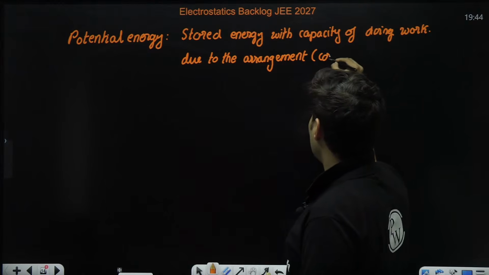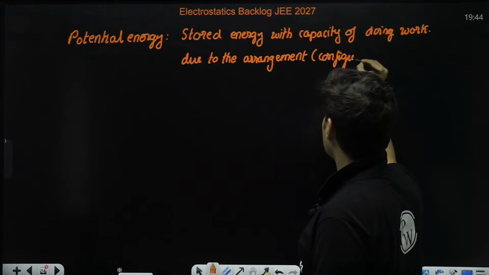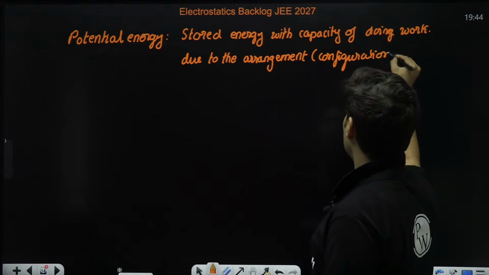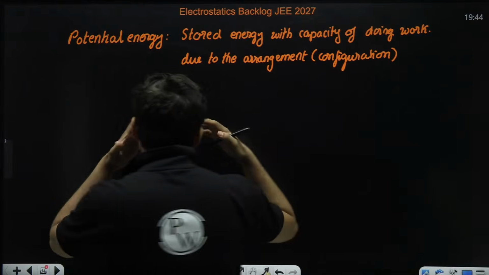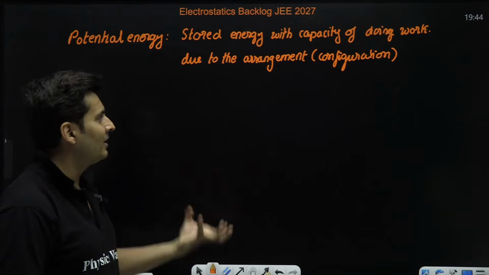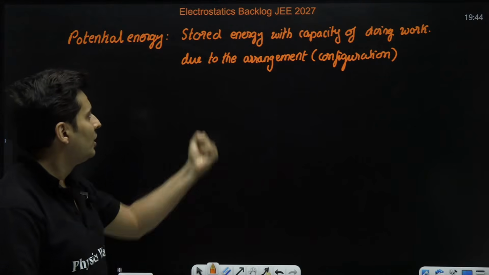Arrangement also sometimes can be called as the configuration of that system. Now what do I mean by this complex statement? Stored energy which has capacity of doing work due to the arrangement.